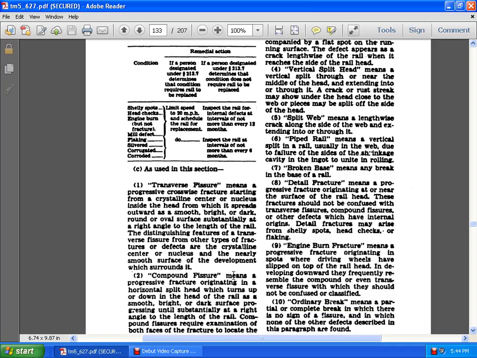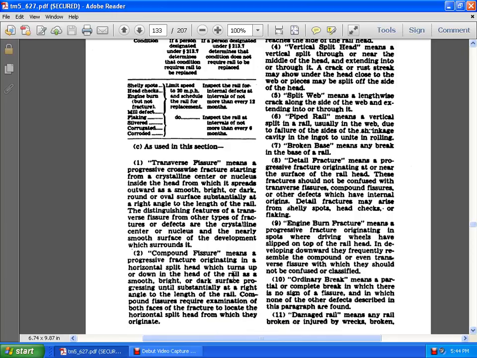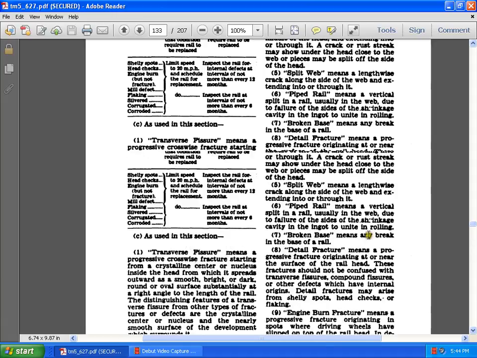Compound fissure means a progressive fracture originating in a horizontal split head, turning up or down, and the rail is in smooth and bright and dark surfaces, progressing substantially at the right angle to the length of the rail. Compound fissures require an examination of both faces of the fracture to locate the horizontal split in which they originate.